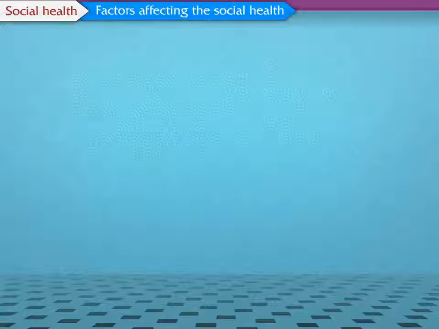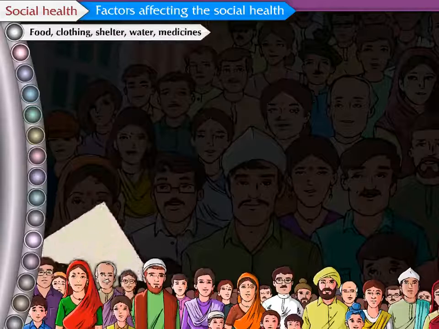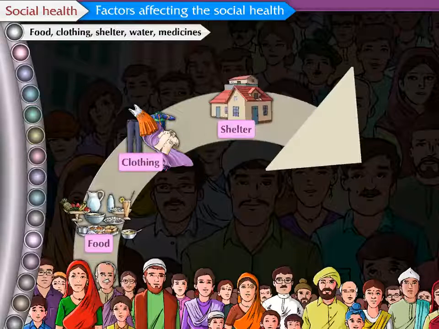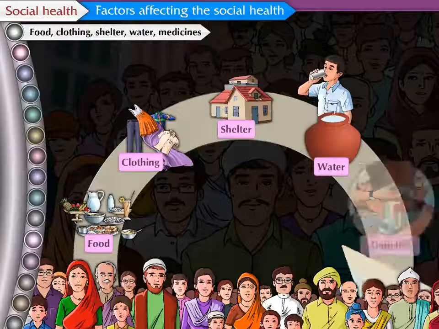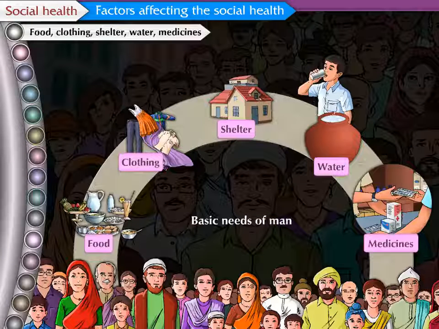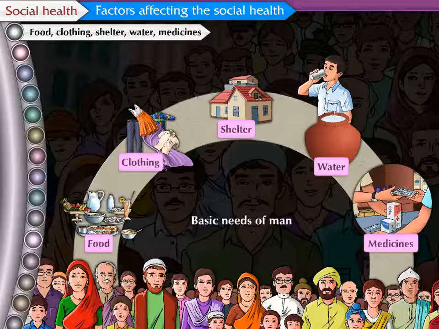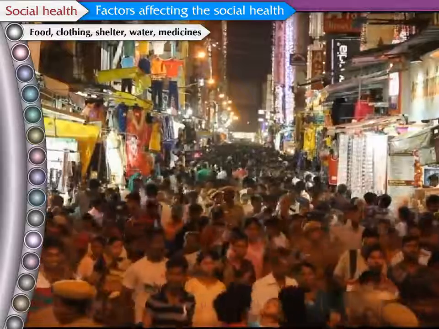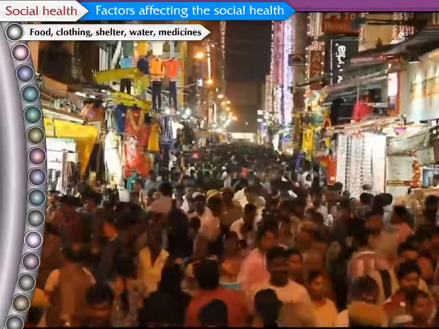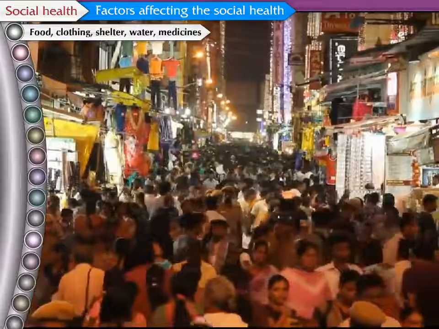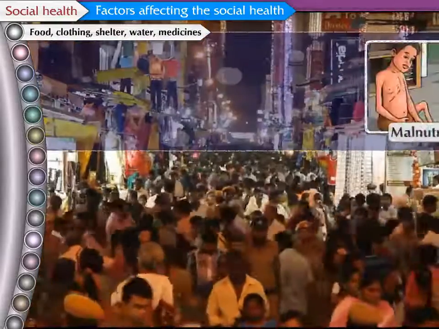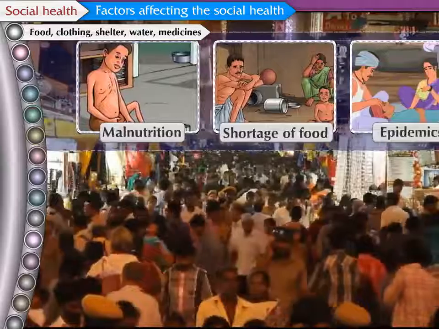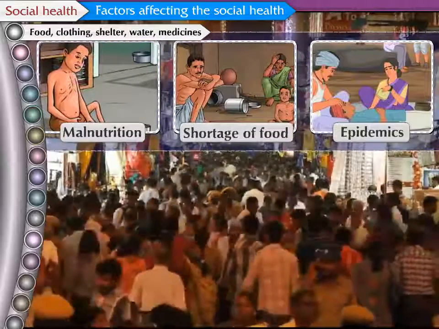Factors affecting the social health. Food, clothing, shelter, water, and medicines are some of the basic needs of man. To maintain good social health, it is essential that these needs are satisfied. However, due to increasing population, satisfying these basic needs of man has also become difficult. As a result, problems like malnutrition, shortage of food, epidemics arise.